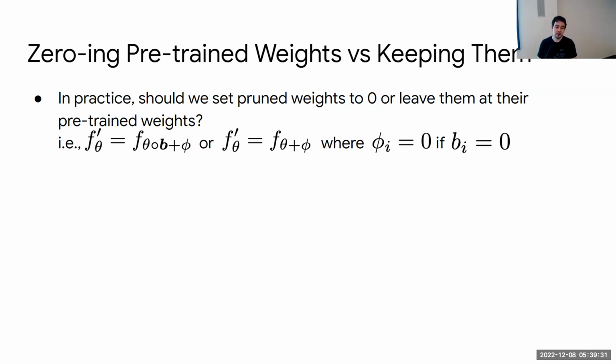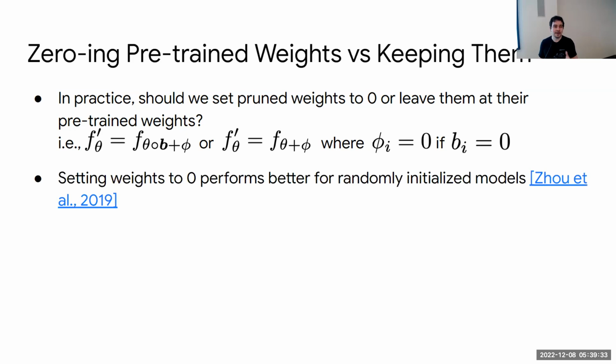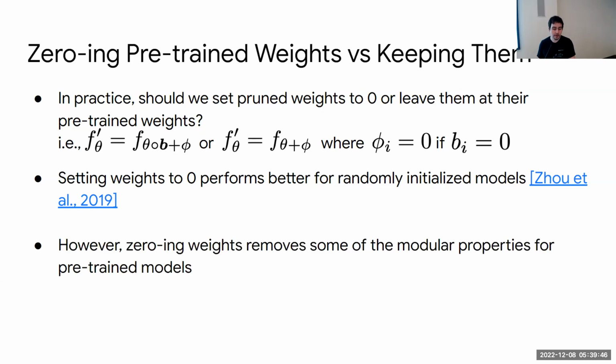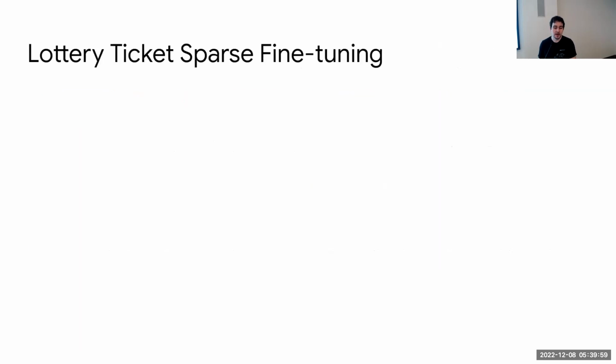In practice, at least for randomly initialized models, people have observed that setting them to zero can be useful, and in the end results in a sparse model overall. However, if you zero all of the original parameters of the model, that does not allow you to fully make use of some of the modular properties of these models in practice.